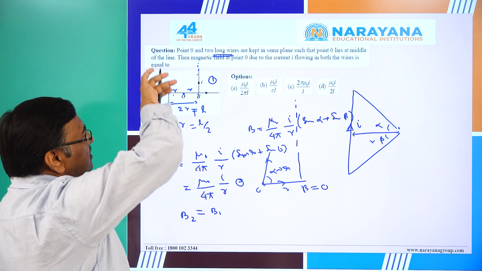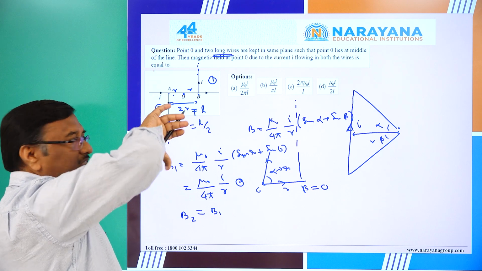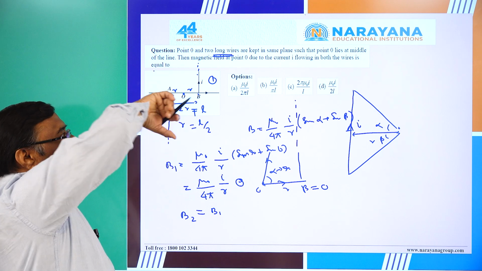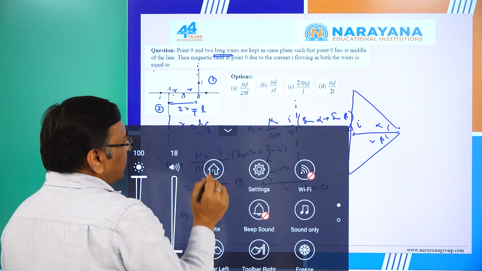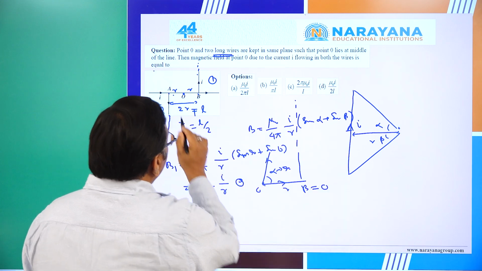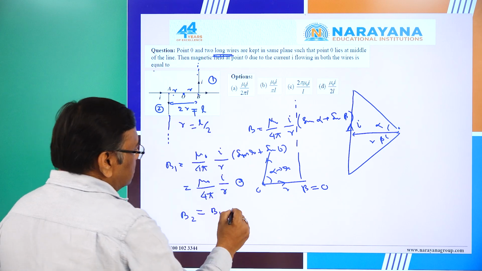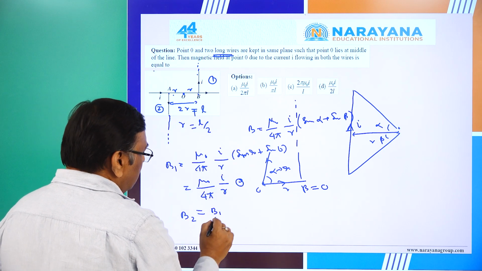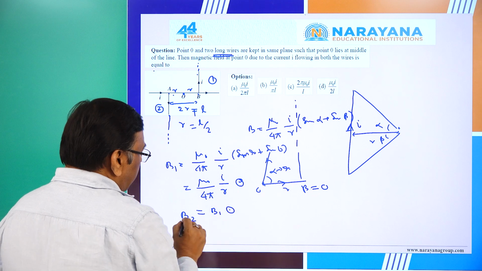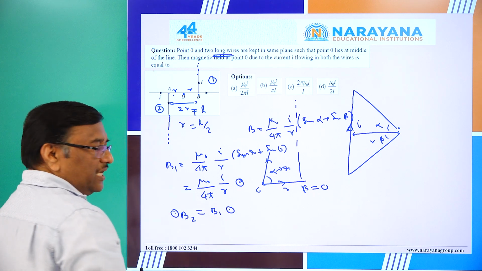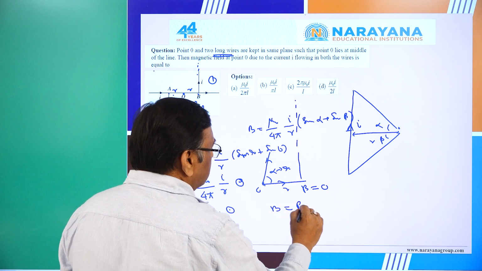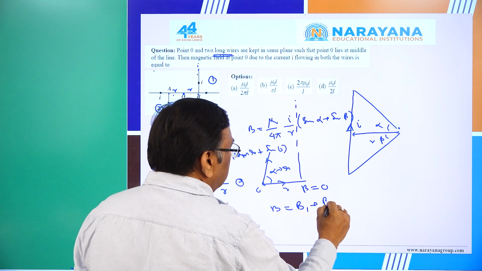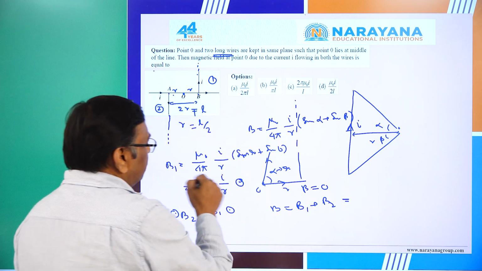If this wire's current is going in the downward sense, using the right hand thumb rule, again the curl of the fingers is coming in the outward sense. That means the magnetic field because of the second wire is also outward. So B1 is in the outward direction and B2 is also in the outward direction. The net field at the point O will therefore be B equals B1 plus B2. That means it is the sum of these two.